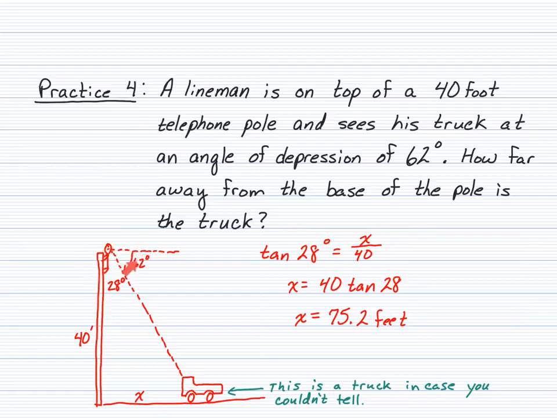So if that's 90 and this is 62, this angle has to be 28 degrees. And we've got a 40-foot pole. Here's our truck. Using the 28-degree angle, this is the opposite side, this is your adjacent, so we use the tangent function and find out that x is equal to 75.2 feet.